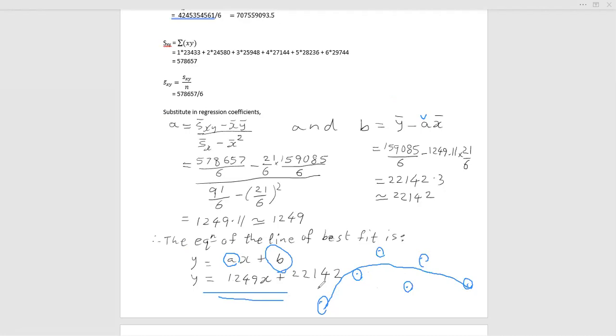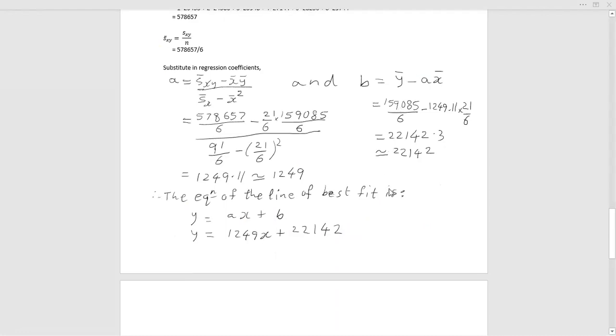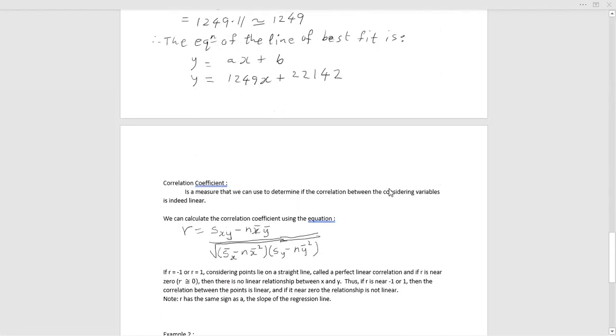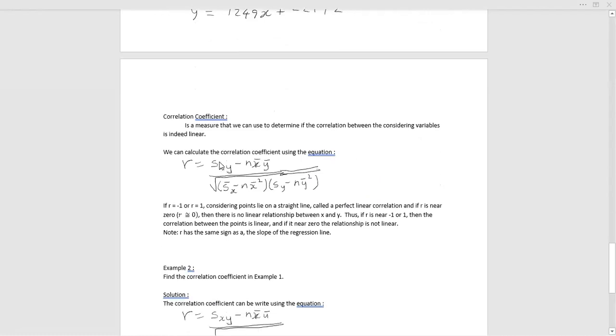There is a thing called correlation coefficient.